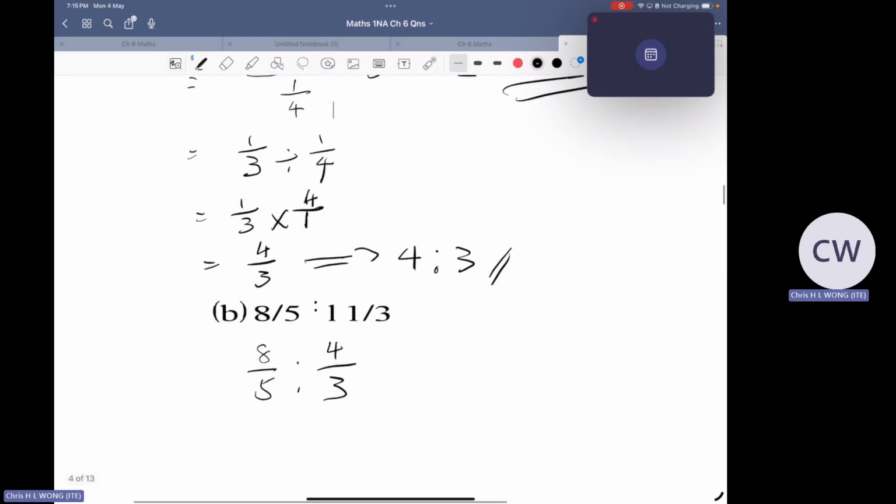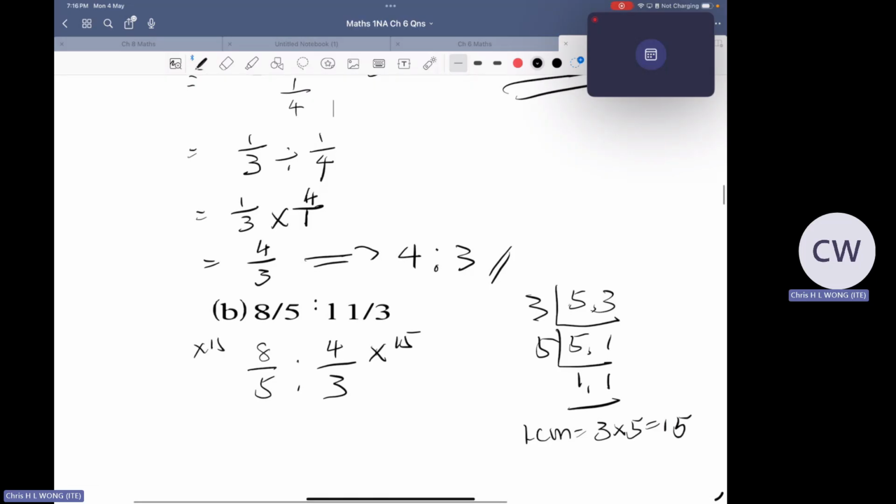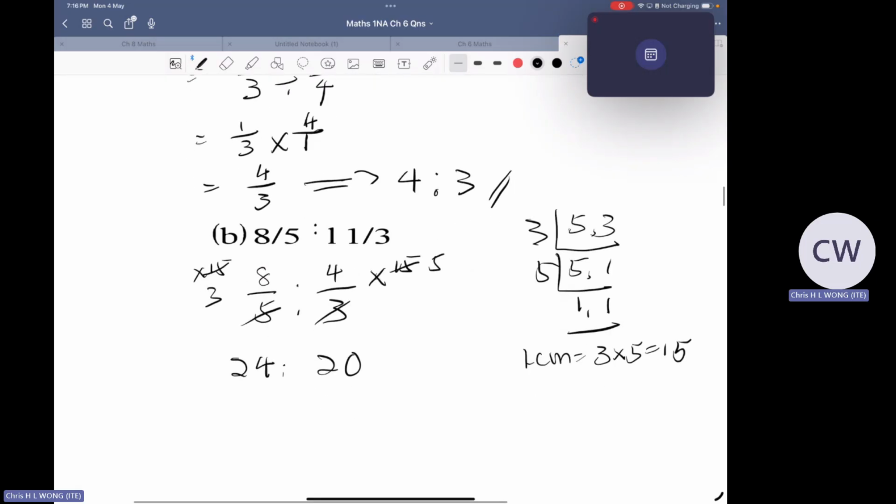For those who are not sure, 5 and 3: I see two numbers, so I know the LCM equals 3 times 5, 15. If I put 15 times 15, 1 times 5 is 5, 3 times 5 is 15, so 8 times 3, 24 is to 4 times 5, 20. Divide by 4.